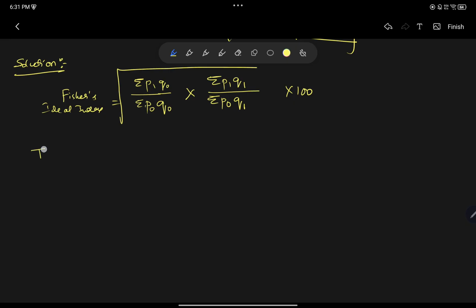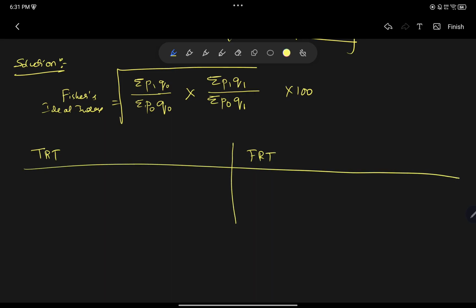Next, we also need TRT, time reversal test, and FRT, factor reversal test. For TRT and FRT, we need to put this as it is. First these two as it is, same.